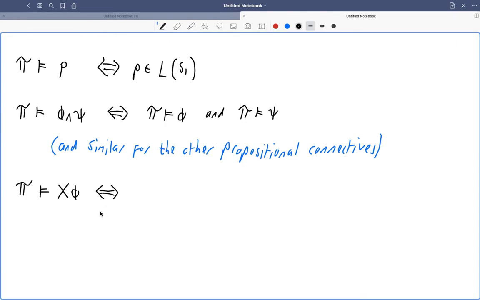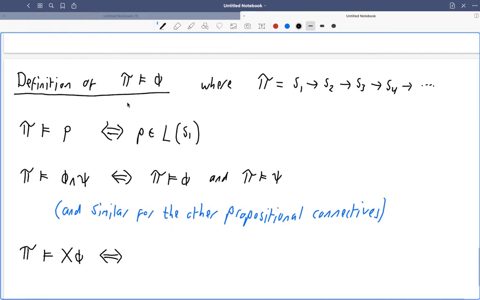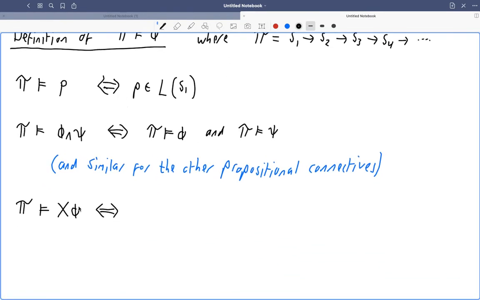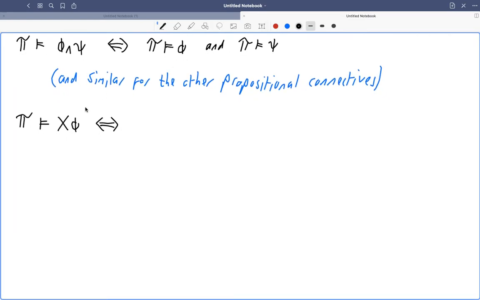Or perhaps a better way of thinking of it is from the next state. So in general, our satisfaction relation is saying a property phi holds along a particular run pi, starting from now. And what next phi is saying is that phi holds along the run pi, but not starting from now, but starting from the next state in the run.